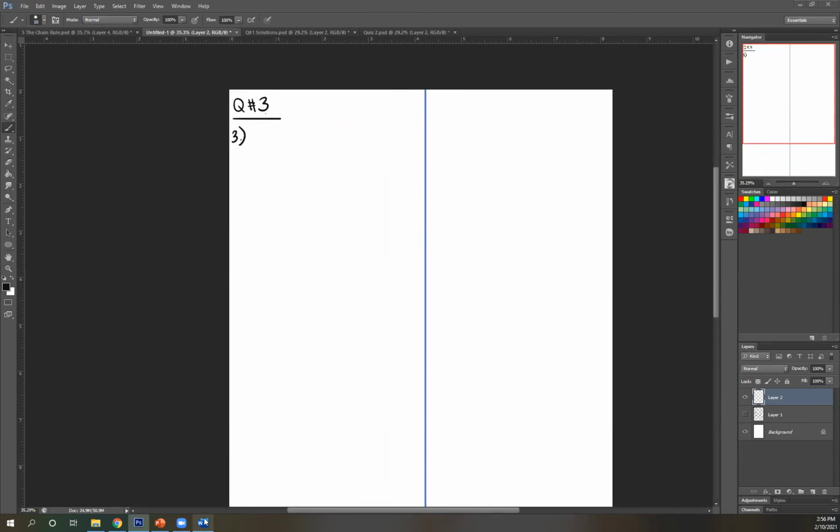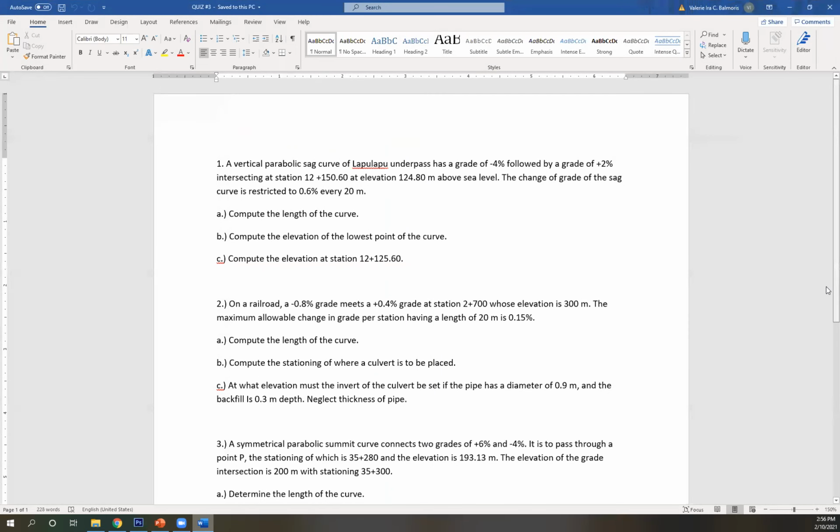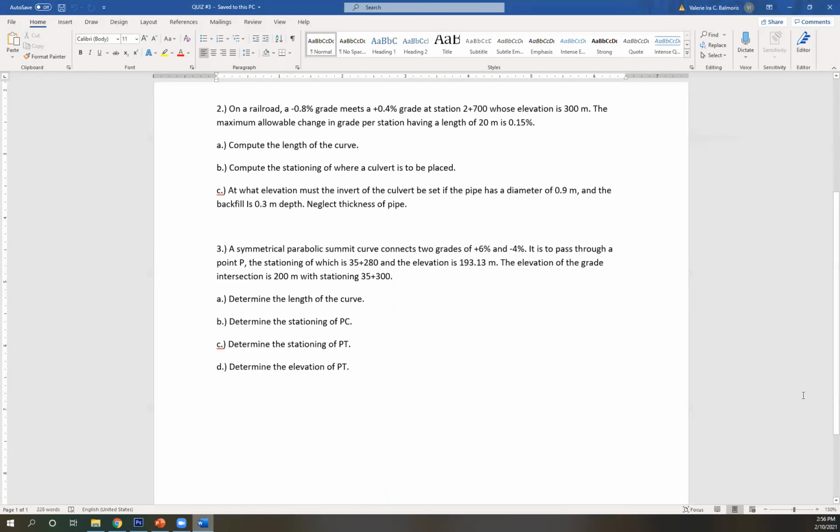Let's read. A symmetrical parabolic summit curve connects two grades of +6 and -4%. It is to pass through a point P, the stationing of which is 35 plus 280, and the elevation is 129.30 meters. The elevation of the grade intersection is 200 meters with stationing 35 plus 200. Letter A, determine the length of the curve.